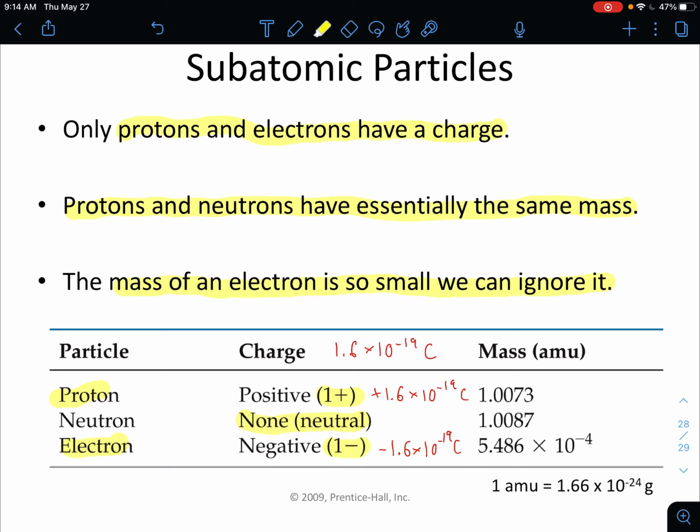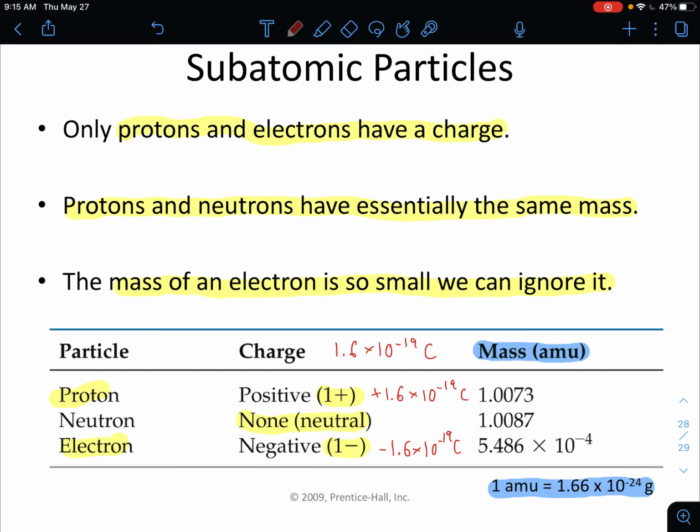Now what we've got is mass values in atomic mass units. The atomic mass unit is written down here: 1.66 times 10 to the -24 grams, a really small amount. We mentioned the atomic mass unit in the very beginning of this section, when I told you it's also called the Dalton in honor of Dalton's work developing atomic theory.